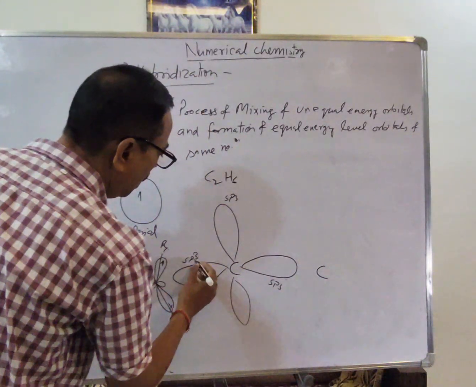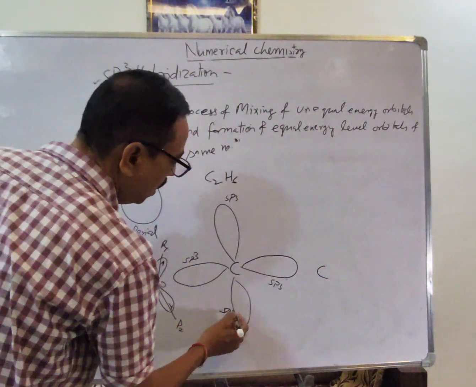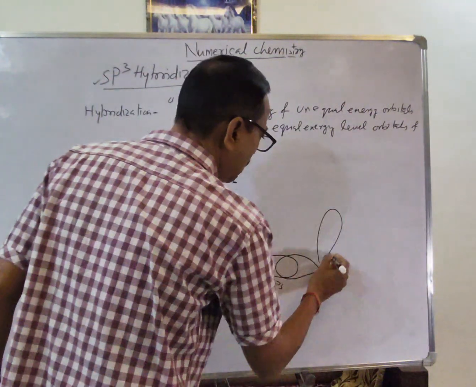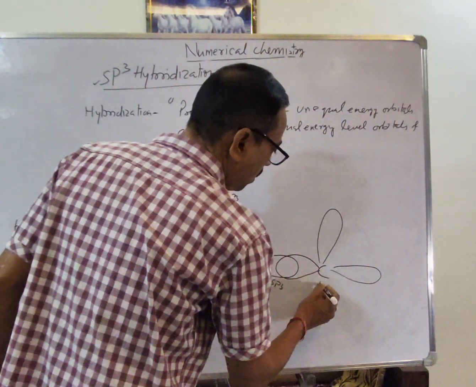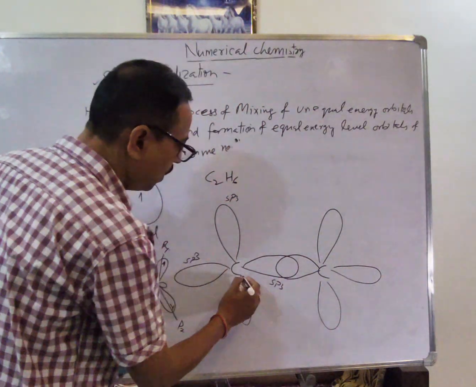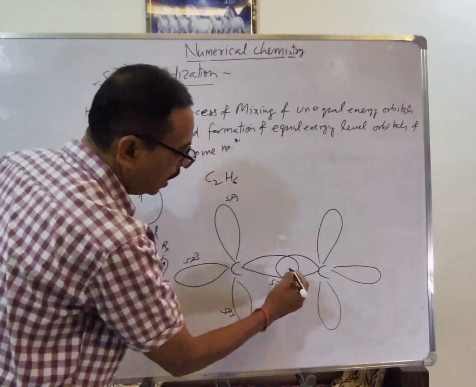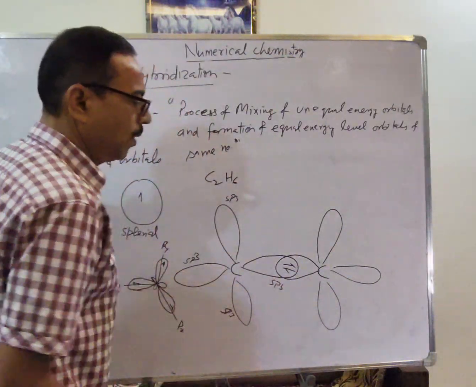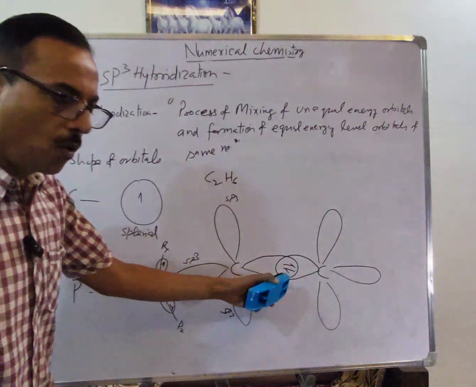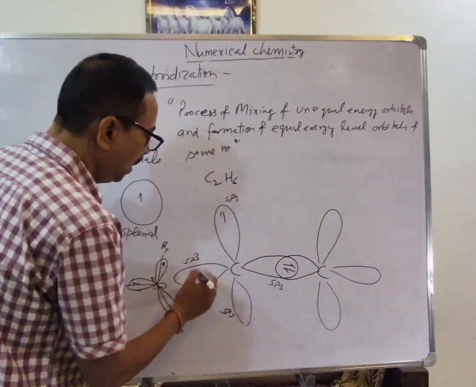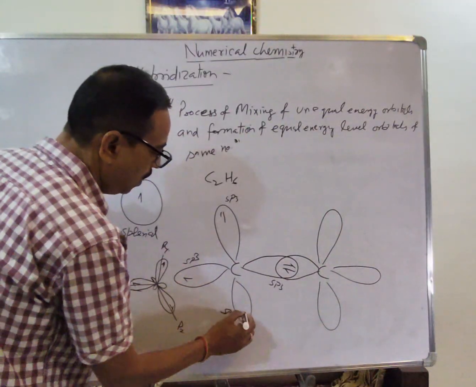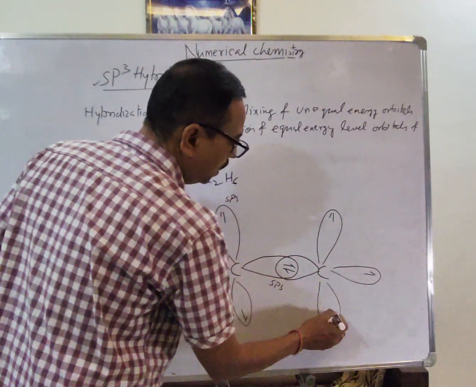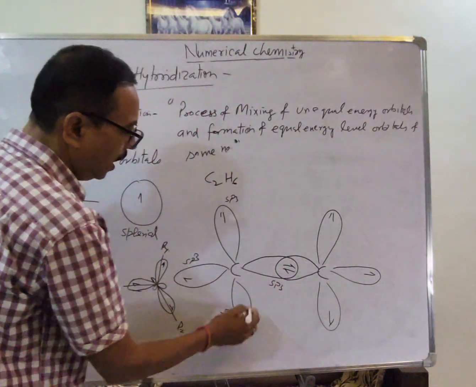Both the carbons are sp3. One carbon with the other carbon formed a covalent bond. Here one single electron. So all are sp3.